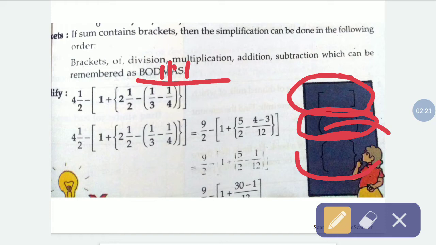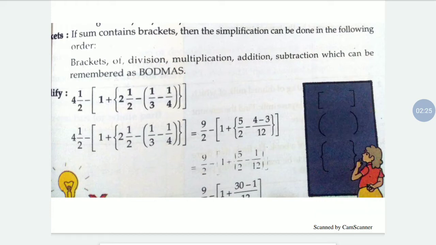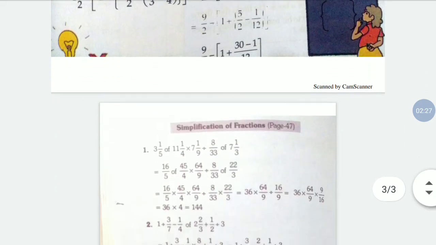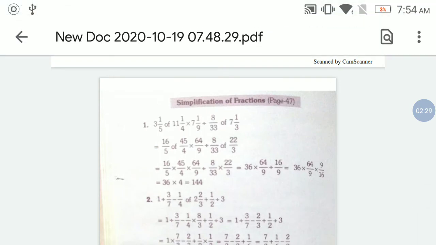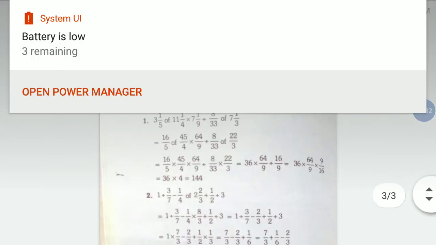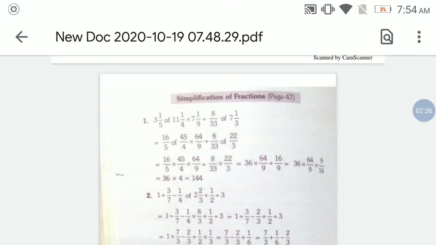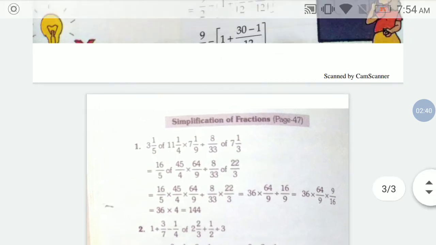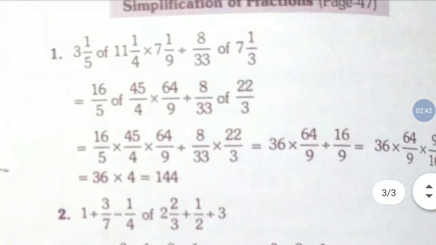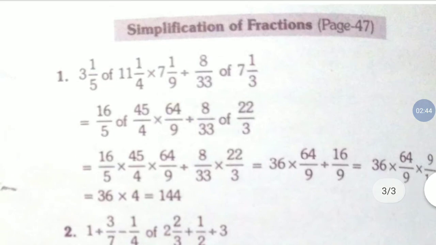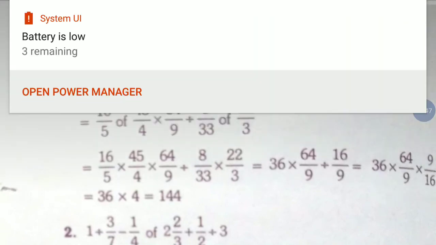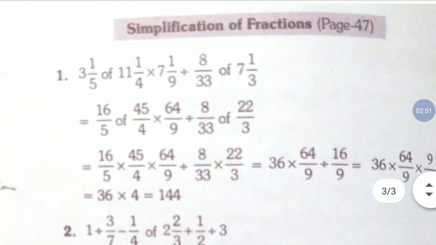Now we will be seeing how to solve such types of sums. In the exercise given on page number 47, first sum.